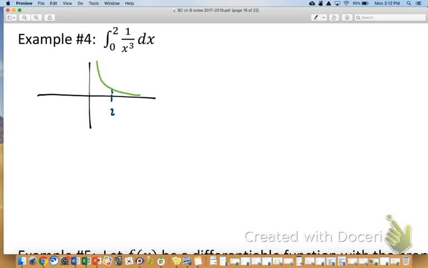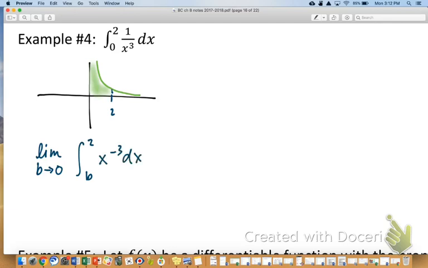So we're trying to find this green area, and the green area bumps up against a vertical asymptote right there on the y-axis. So would you guys be okay if we just started off with the limit as b approaches 0 of the integral from b to 2 of x to the negative 3?